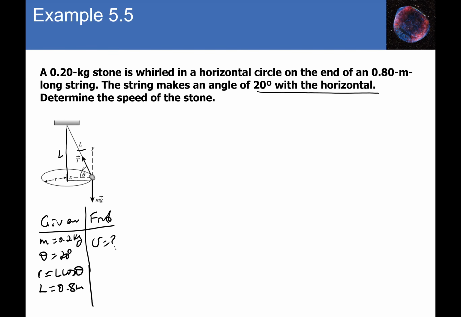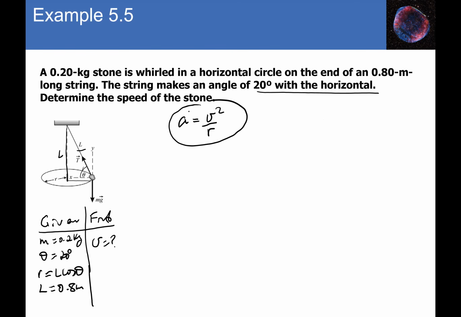The way we will approach this problem: in previous examples of circular motion, we saw an equation where acceleration equals speed squared divided by r. Or there was an equation where speed equals 2 pi r, which is the circumference or distance, divided by the period. Now, we don't have anything about the period in this example, so we can rule out that way of calculating the speed.